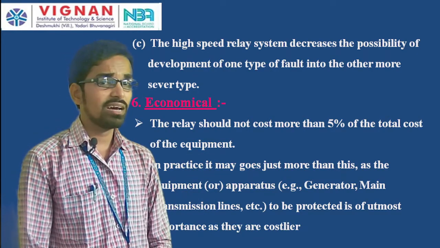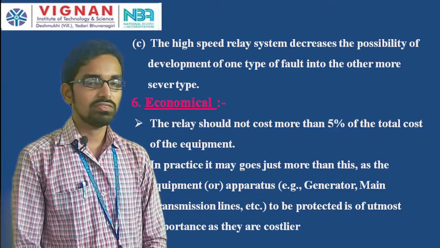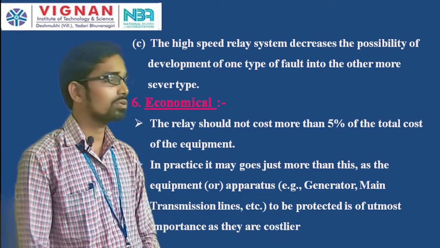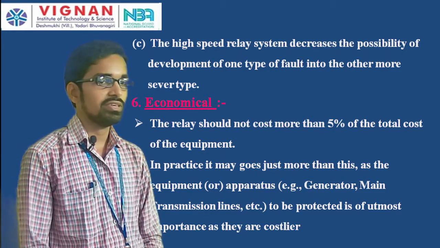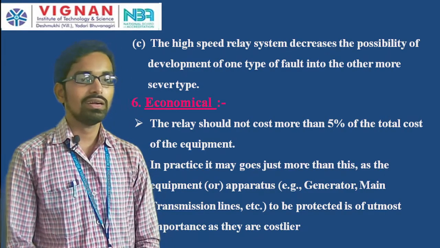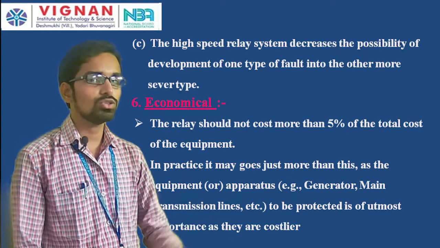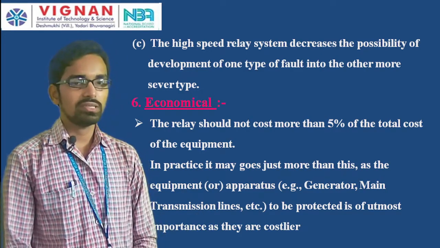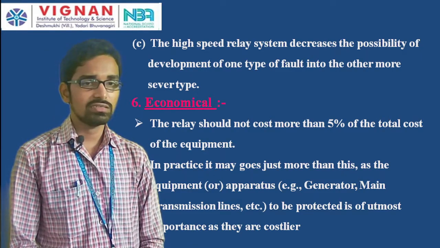Next, if you look at the economical operation concept, the relay should not cost more than 5% of the total cost. If it costs more than that, it is not desirable, but in practice it may go more than 5%, as the equipment or apparatus needs to be protected.